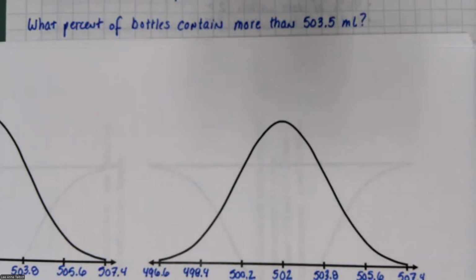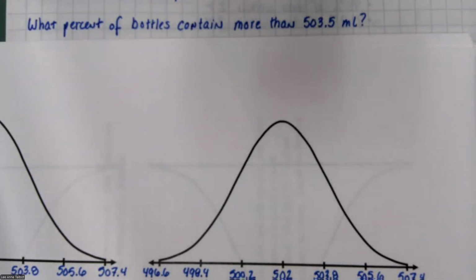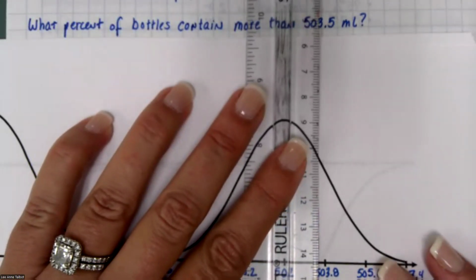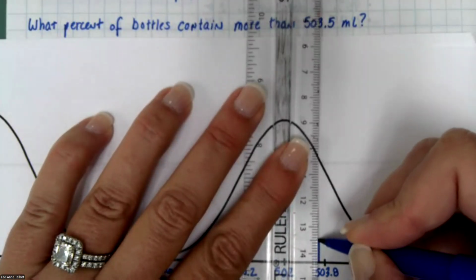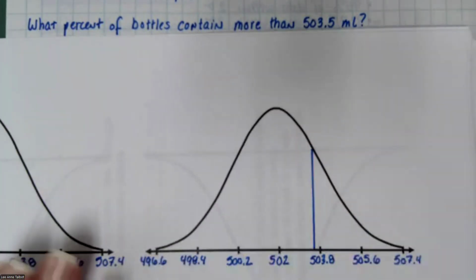If you're thinking to yourself, gosh, it's kind of a long process to graph all of these all the time, you're going to get so used to doing this that you won't do the sketch. But for these first few, I need to be really careful.